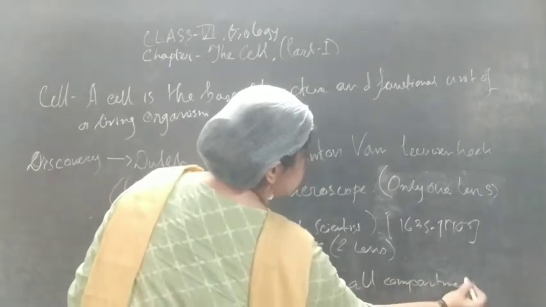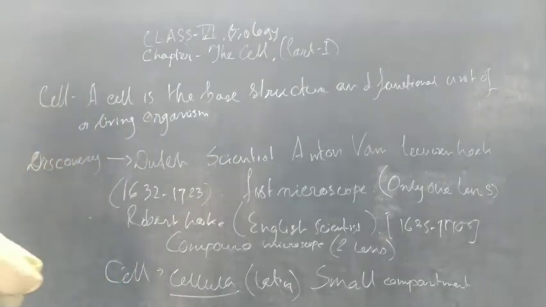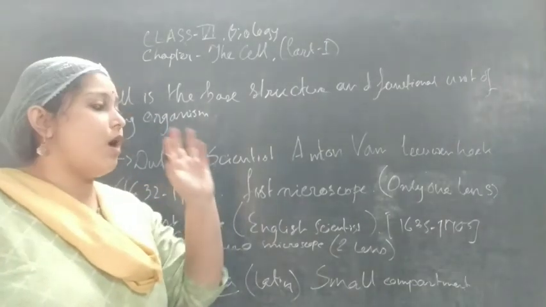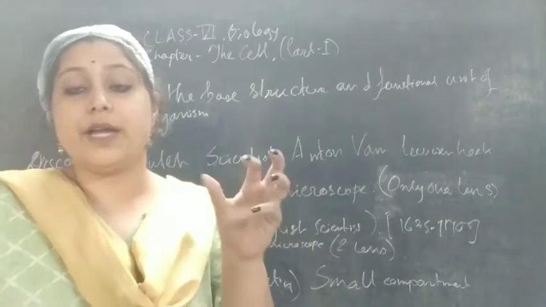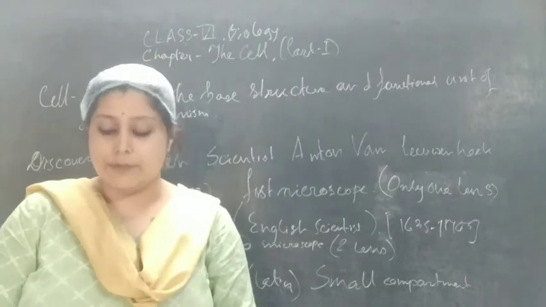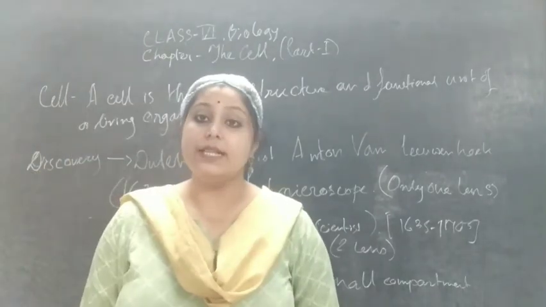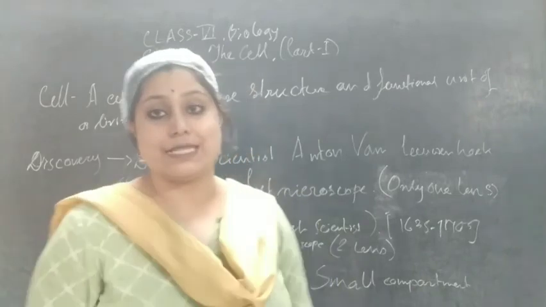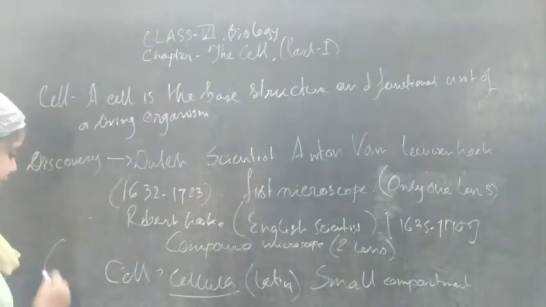Okay, so the word cell means a small compartment. As he watched a small compartment under his microscope, that is why he called it by the name cellula. The name cell was given by Robert Hooke in the year 1665. Okay.